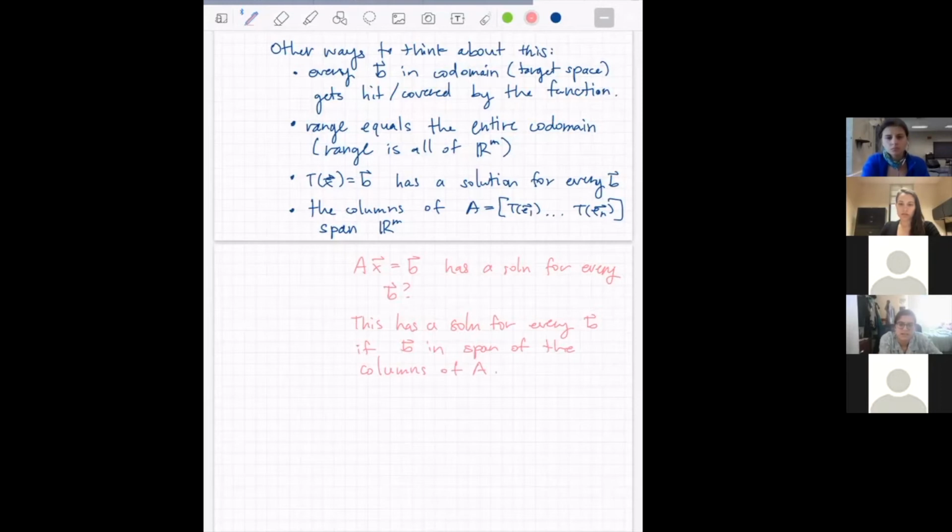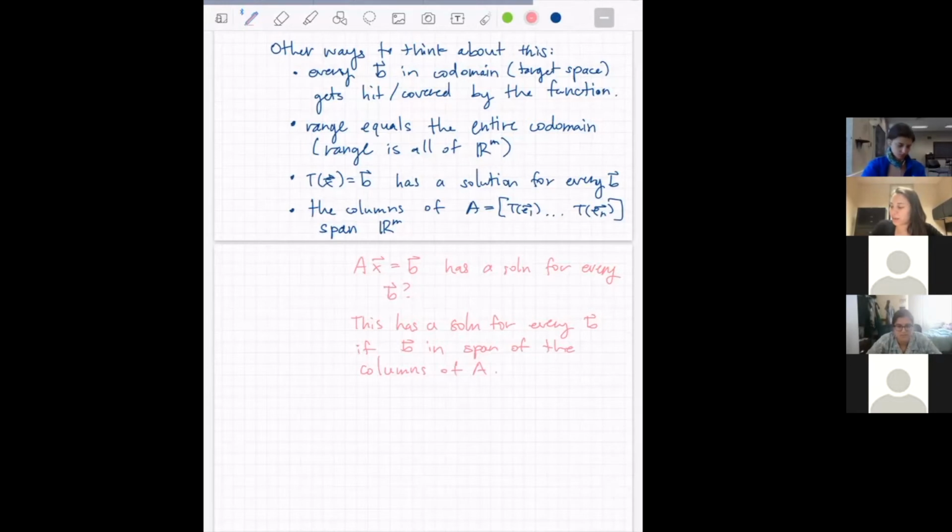Yeah, okay, so the equation has a solution for every b vector if the columns of A span Rm. Right, so that's how it's all tied together.